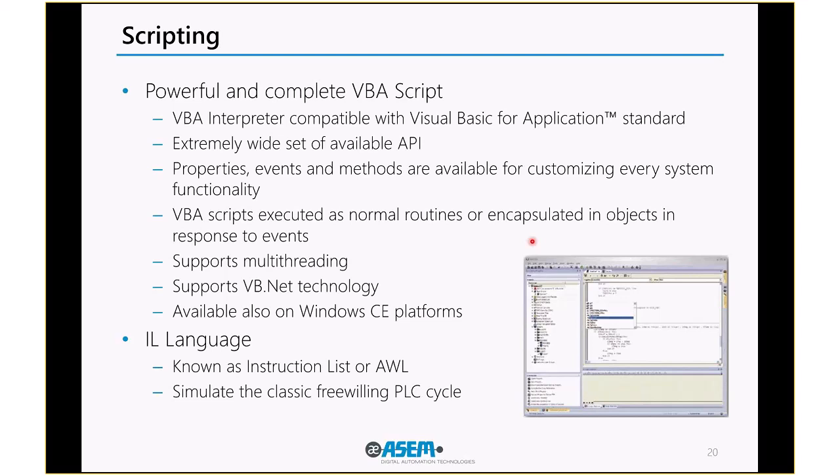Scripting maybe could be a little different when you do it on Windows CE and on Windows. In this case, it would be very easy to go from Windows CE to Windows because Windows has a superset of features. If you have made a lot of scripting on Windows and you want to go on a smaller unit, probably you have to be careful.